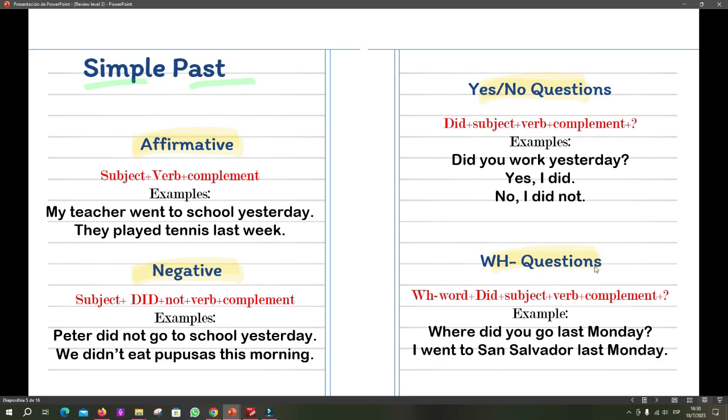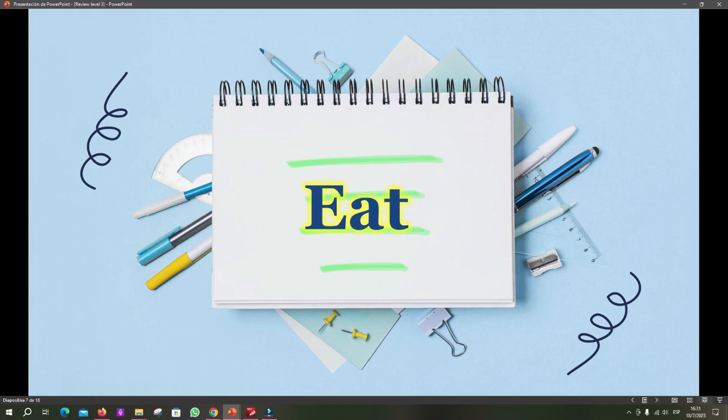So, questions? No? You know this, the simple past, right? So I guess you don't have questions about it. So, let's do an activity. I will show you a verb and you have to tell me the simple past of the verb, right? Let's do this. For example, eat.